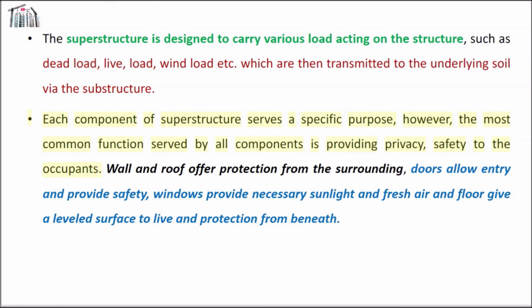However, the most common function served by all components is providing privacy and safety to the occupants. Walls and roof offer protection from the surroundings, doors allow entry and provide safety, windows provide necessary sunlight and fresh air, and floors give a level surface to live on and protection from beneath.